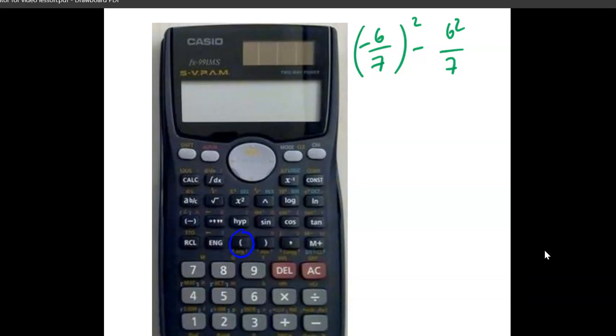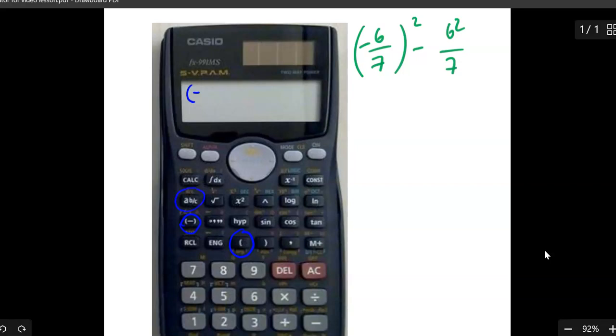Make sure that you use the same calculator like I do. So I click on that bracket and I click on this negative sign. When I click on negative, I have a negative. Then I am going to press this key right there.